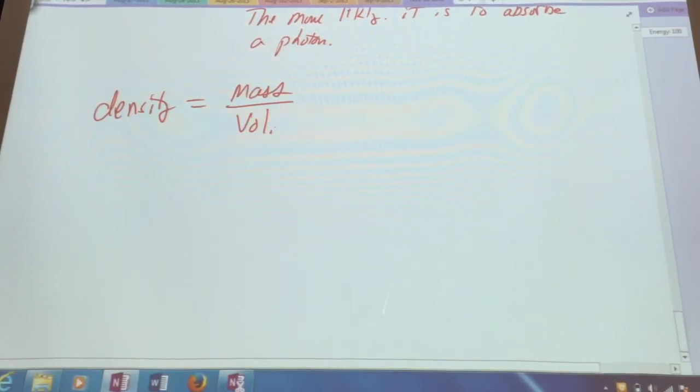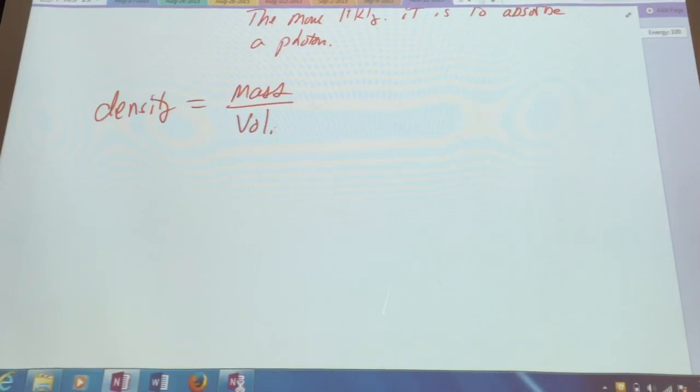So you're thinking of something like a pound of lead and a pound of feathers as a prototype example of density. Which has more mass, a pound of lead or a pound of feathers? Same. They have the same mass. Which has more volume?